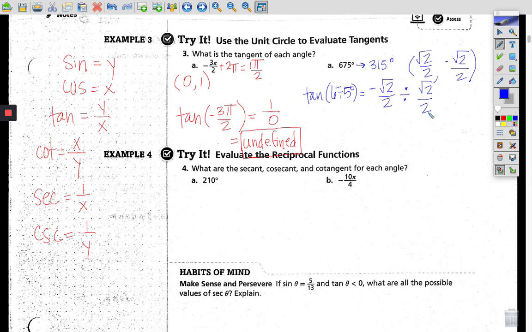You flip it and change it to multiplication, right? Negative square root of 2 over 2 times 2 over square root of 2. Guess what happens? Cancel, cancel, cancel, cancel. But look, what am I left with? A negative. So that means my answer is -1. Tangent of 675 degrees is -1.